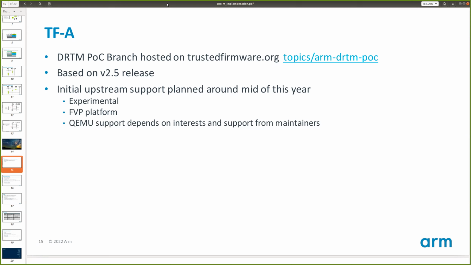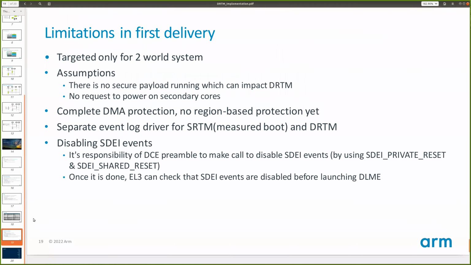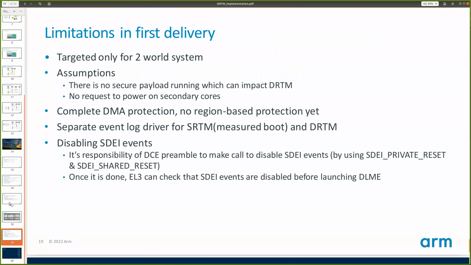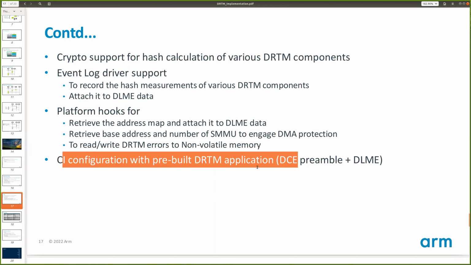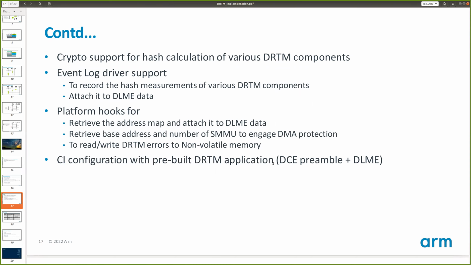The other thing is, with the help of TFA tests, we will test in our CI with a pre-built UEFI application, which behaves as a DC preamble and the launch, the DLME data. So I mentioned this already, but yes, the CI configuration with a pre-built DRTM application will be part of our CI, and that's the level of verification we will do from TFA for now.